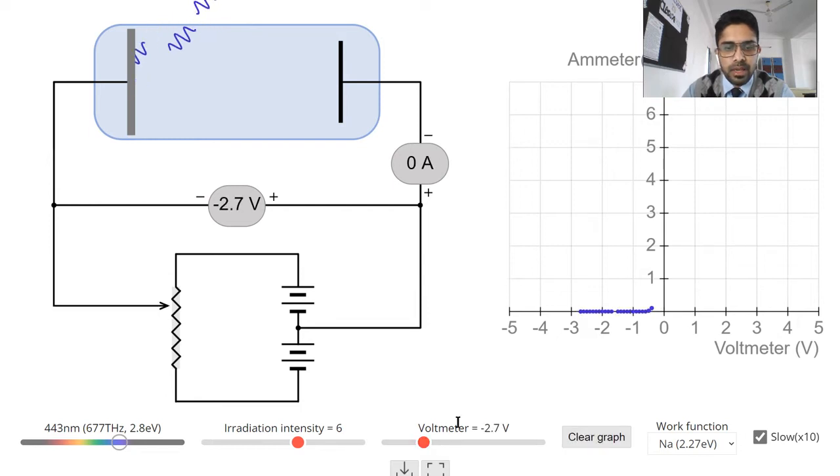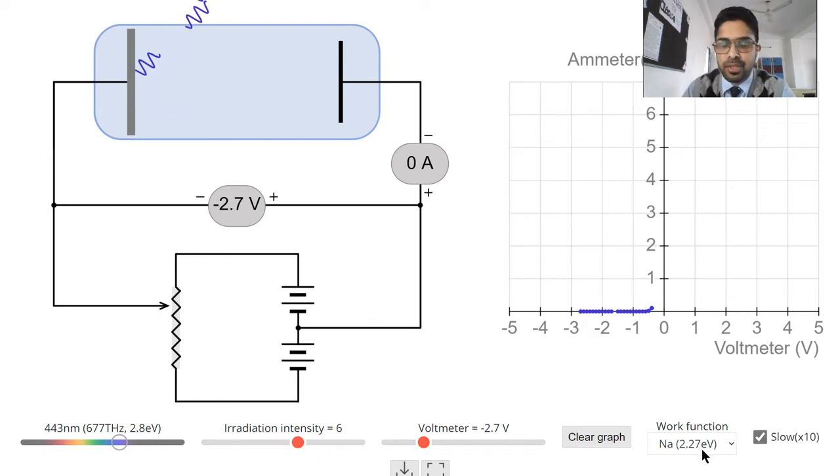Now you see in this case, we are having an energy of 2.8 electron volt in the incident radiation. The electrons need only 2.27 electron volt. So here we have an excess of around 0.53 electron volt, right? You are supplying 2.8 electron volt, out of which 2.27 will be used to come out of the metal.